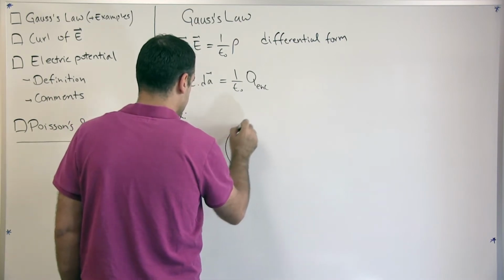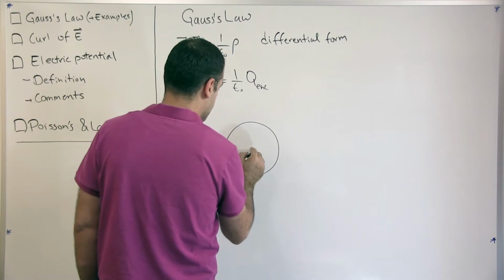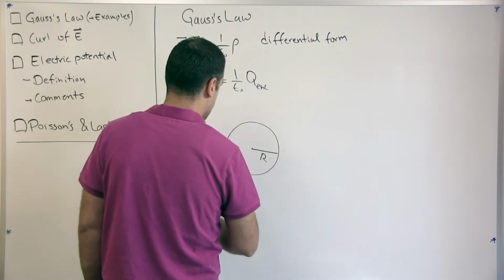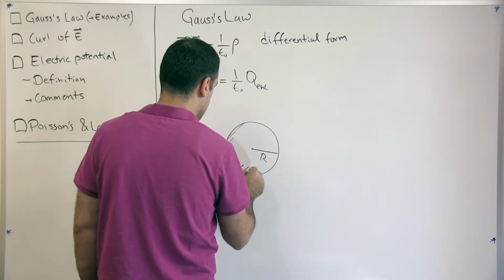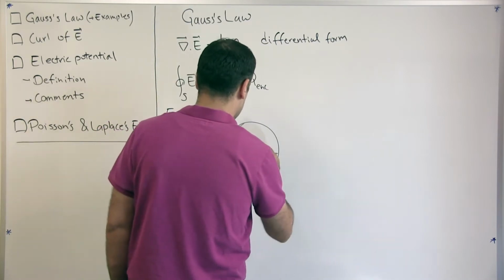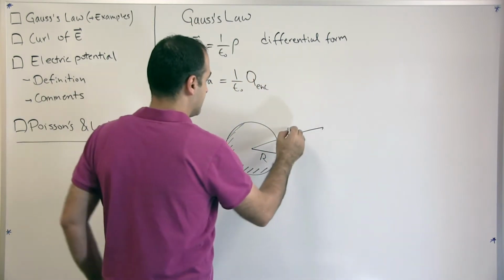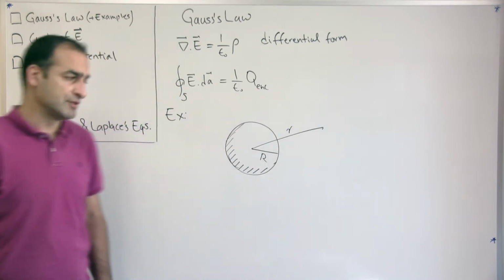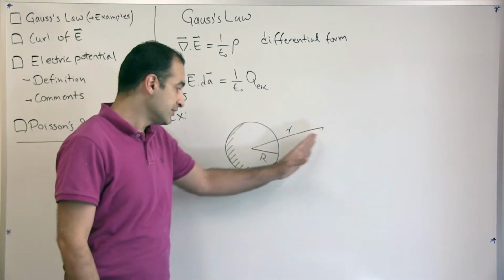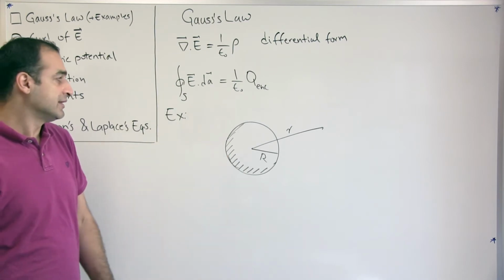Imagine you have a sphere like this, okay, radius R, so this is the sphere. And then you want to calculate electric field when you are at a distance r from the center of the sphere. Okay, so you could be outside or you could be inside as well. And the question is, what is the electric field?